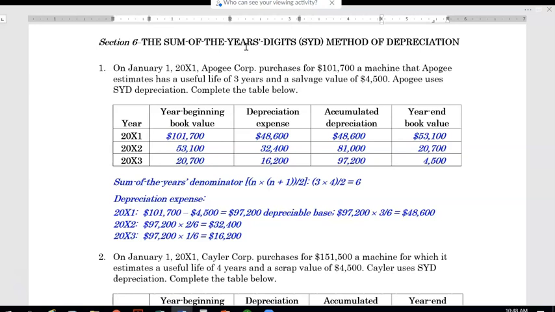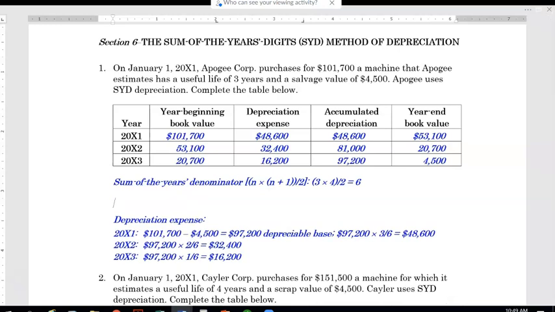Complete the table below. Okay, in order to do this, there are two ways to calculate. Either use the formula or use the easier method that you can always remember. Here is the other method that you can remember.